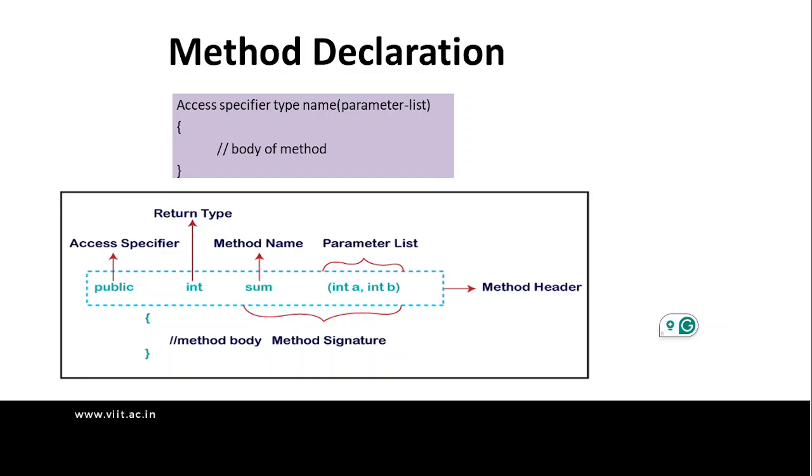Method declaration starts with the access specifier, its type, its name, and the parameter list.